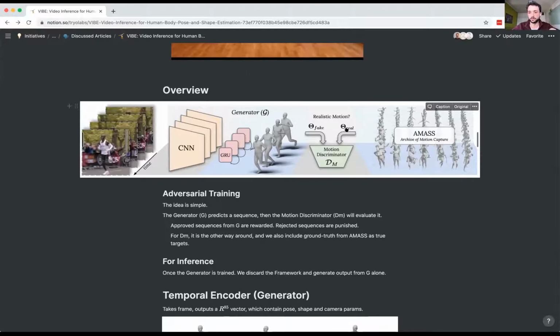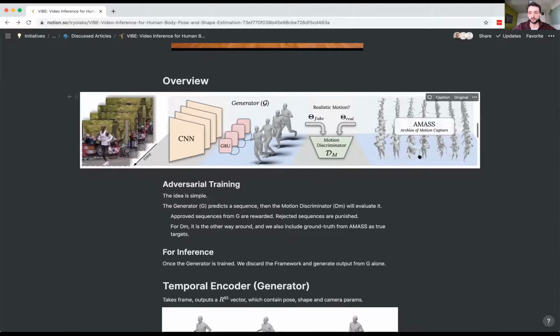Then on the right side, we have the AMASS dataset. It's a very recent dataset, and the cool thing about it is that it has a lot of human poses and sequences of motion, and it outputs them in a universal format that we'll discuss later on.